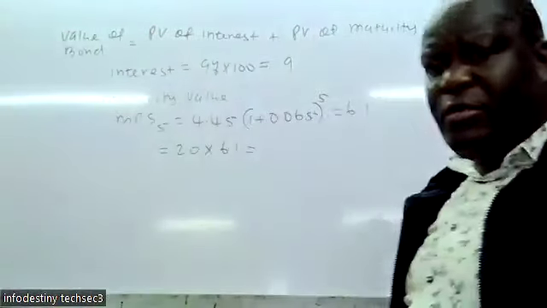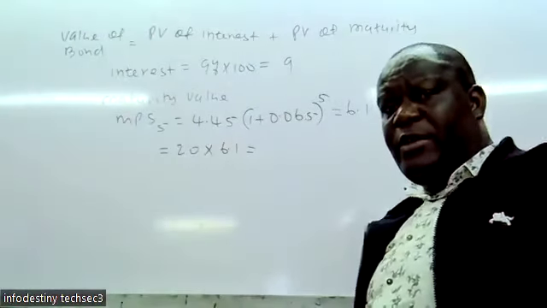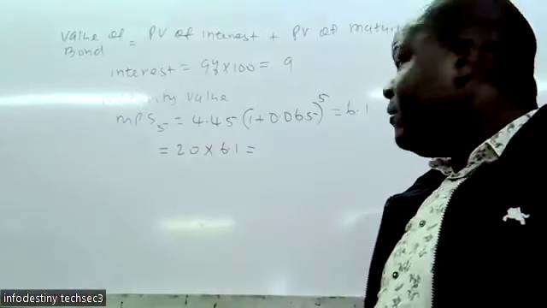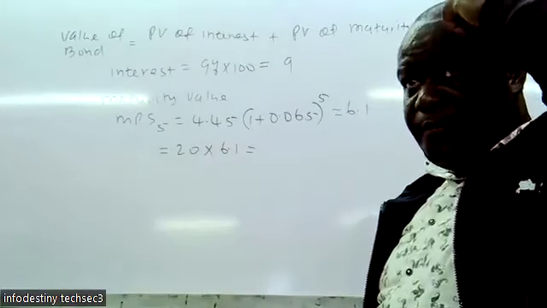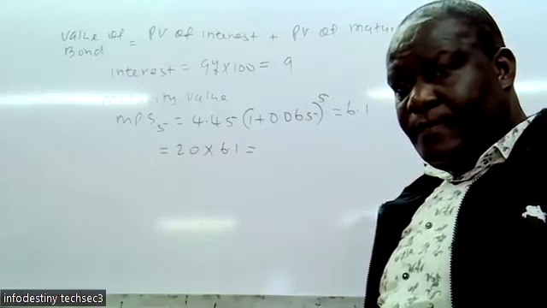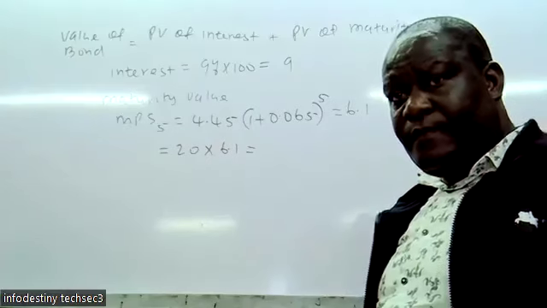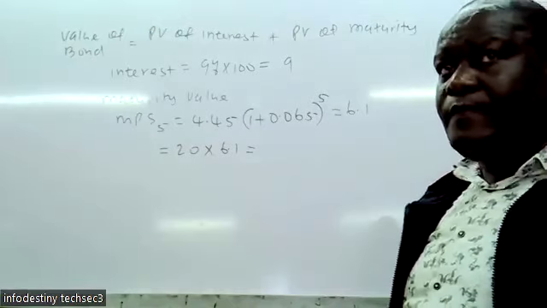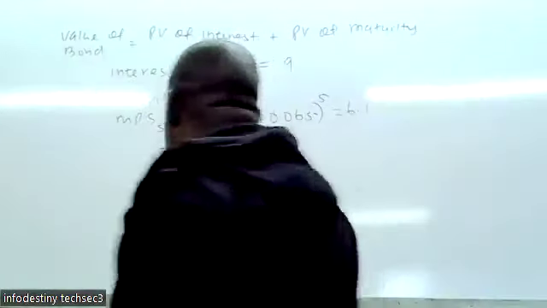When you multiply 20 by 6.1, what should be that maturity value? You are getting 122.